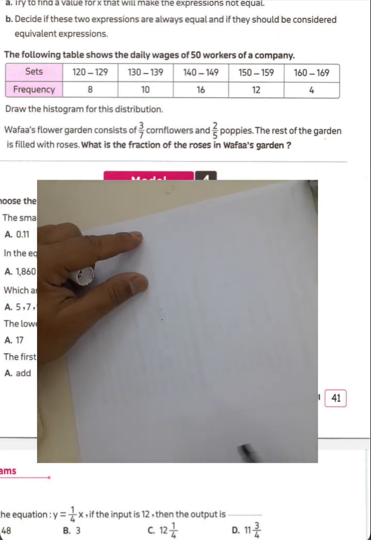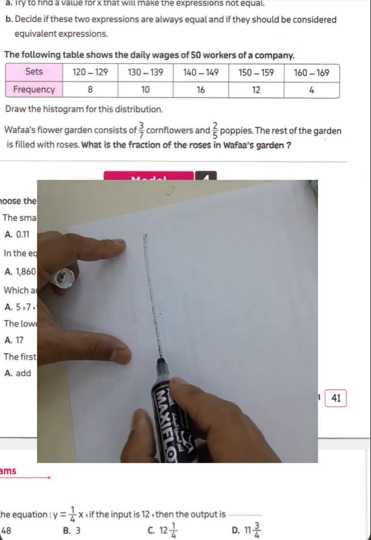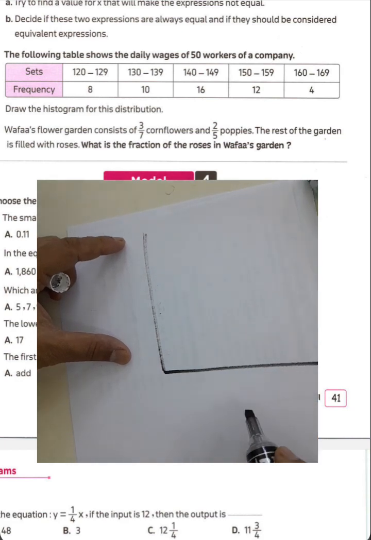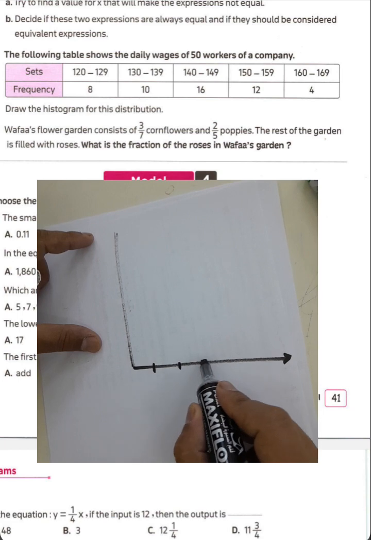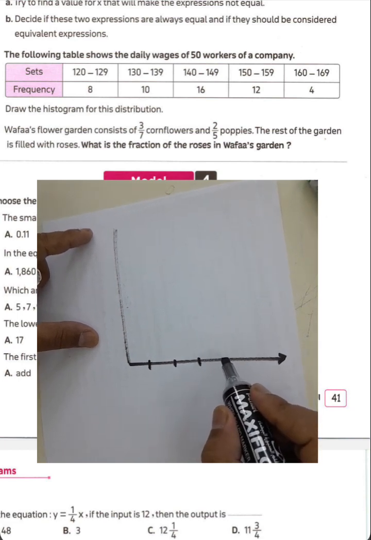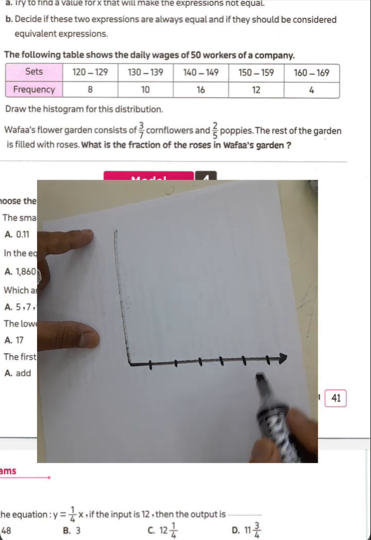Okay, first I will draw the first step here. Draw the x-axis and y-axis, and the first interval and second interval, third, we have 5. First, second, third, fourth, fifth.